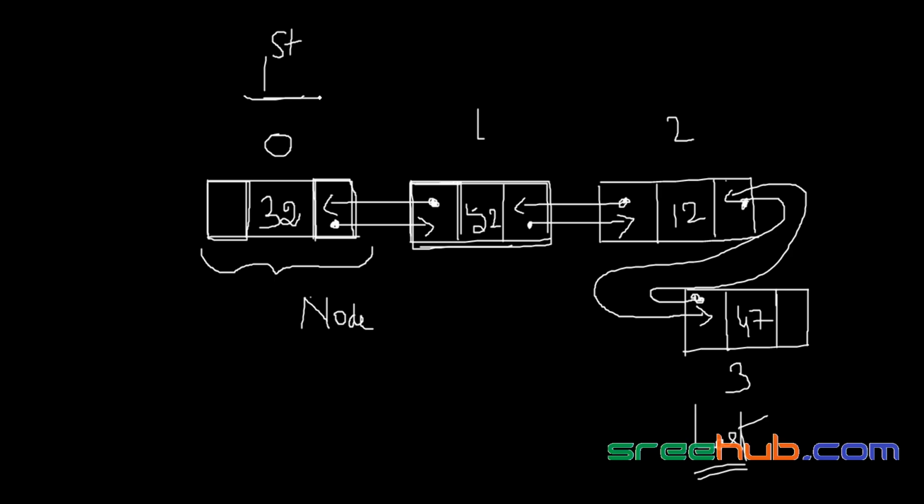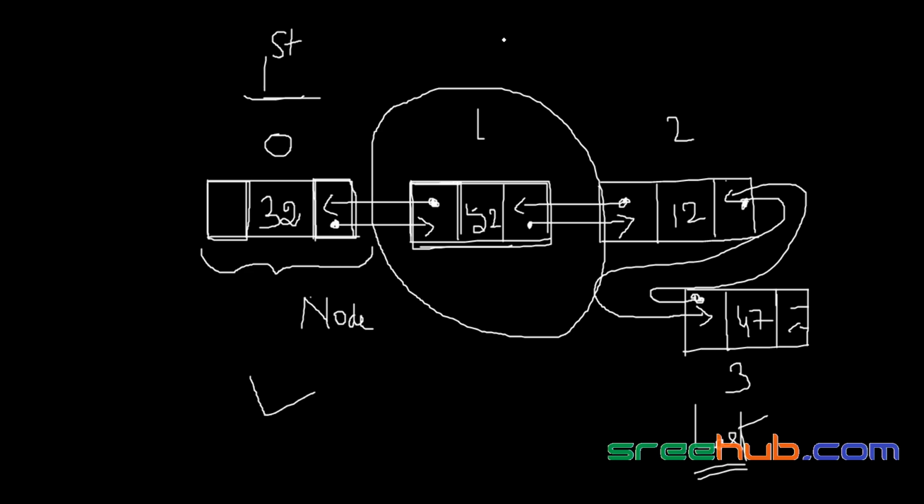Now why I am explaining more about this is, let us say I want to remove this item. Even if you have 1000 items, only 3 nodes will get affected.